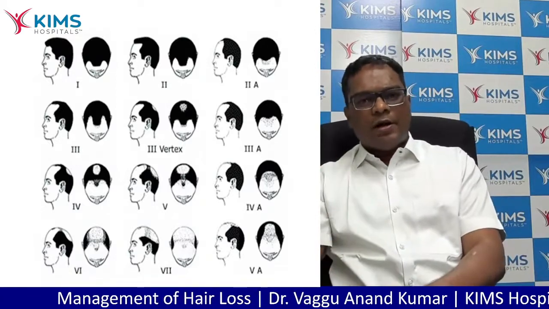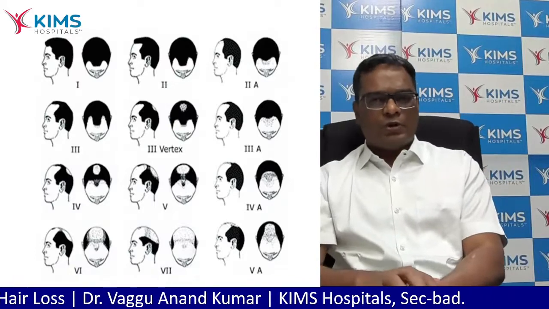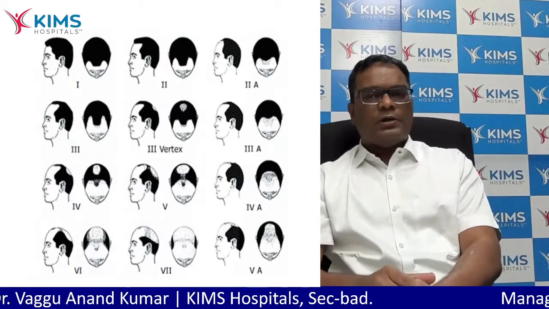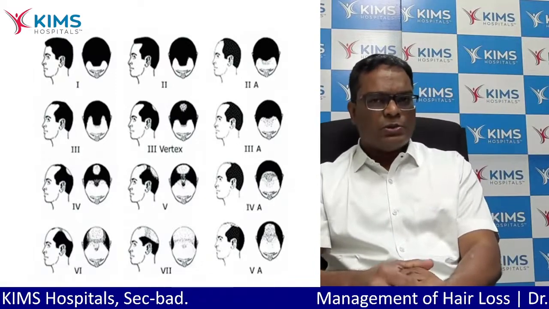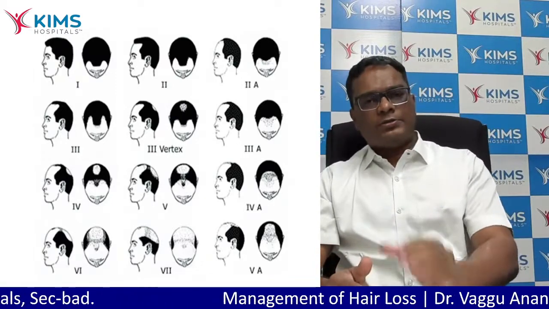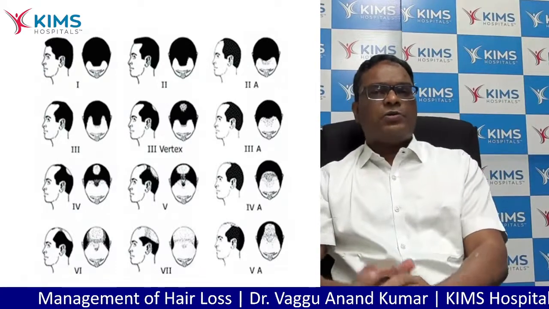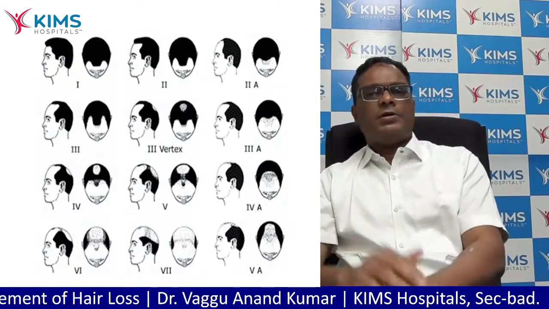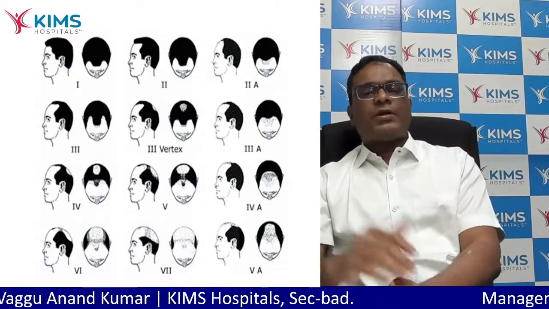From grade 3 onwards, if they are eligible and the age is about 25 or 26 years, then we will recommend hair transplantation, provided the donor area is good and there is no strong family history of baldness. So from grade 3 onwards, like grade 3 vertex, grade 4, 5.